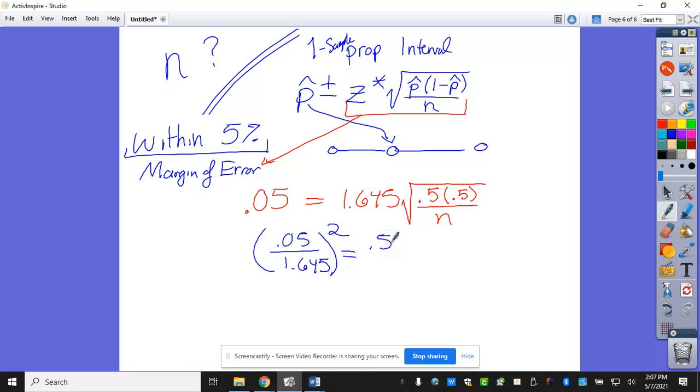So now I'm left with 0.5 times 0.5 divided by n. What's my next step? So which gives me n over here, and then I'm going to do what with all this? So then I have 0.5 times 0.5 divided by all of this.